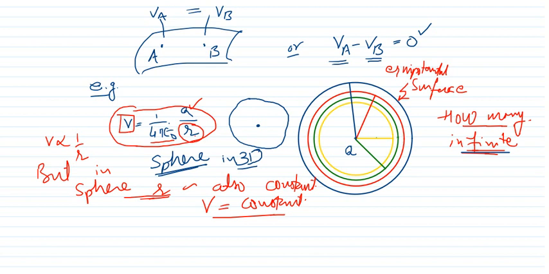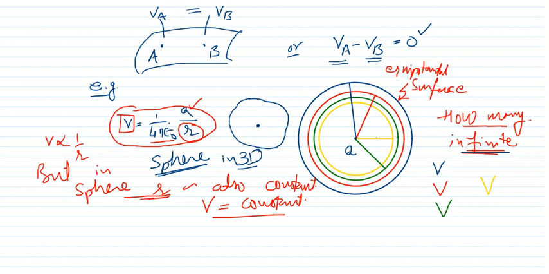Now what do you think if I write down V blue, V red, V green and V yellow? What do you think? These V will be the same?